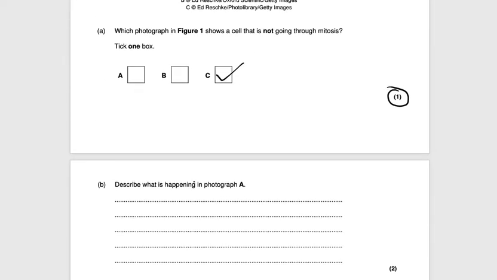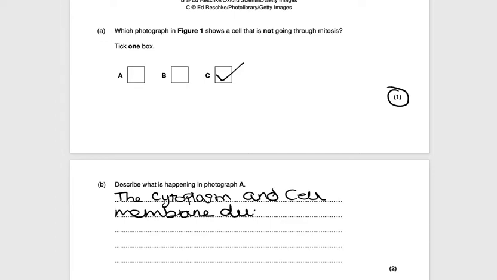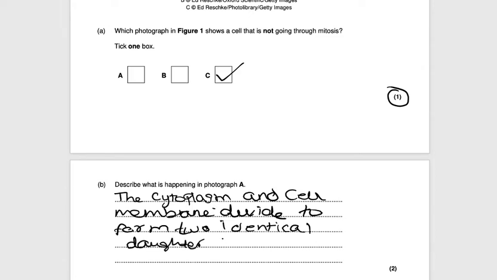So the cytoplasm and cell membrane divide to form 2 identical daughter cells. Okay, so that's what you need to say for 2 marks in that question.